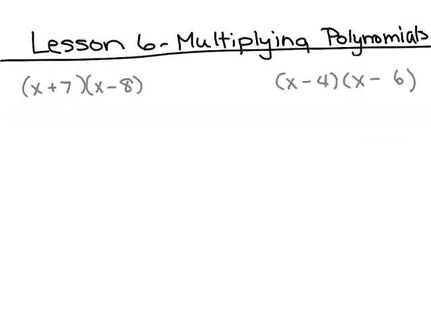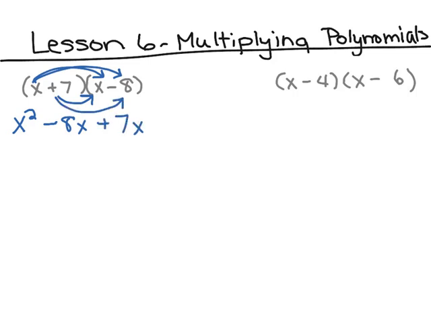Next example, we have x multiplied by x, which is x squared. Then we have x multiplied by negative 8, which is negative 8x. Then we have 7 multiplied by x, which is 7x. And then 7 multiplied by negative 8, which is negative 56.